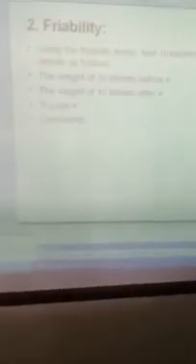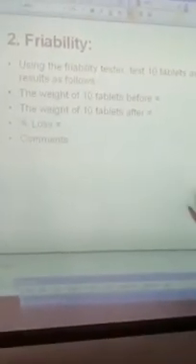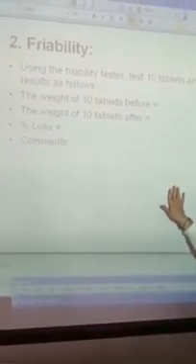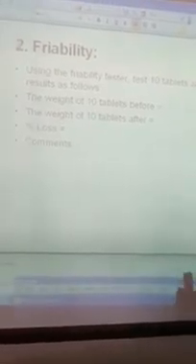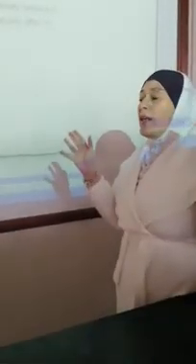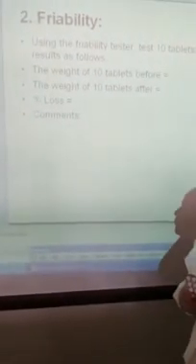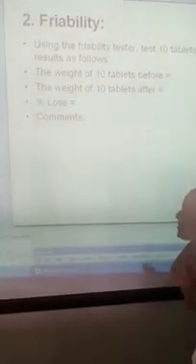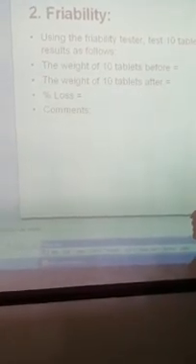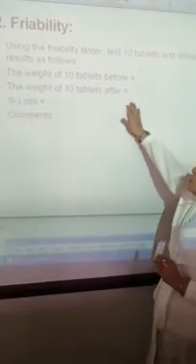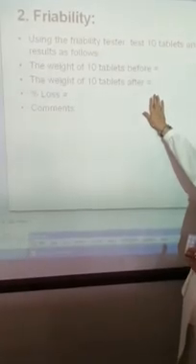The second test, which is friability. For friability, we have to take 11 tablets because Rivaline tablet is less than 650 milligram. We have to take 11 tablets near to 6.5 grams. This test is done by weighing the tablets before putting them in the friabilator.